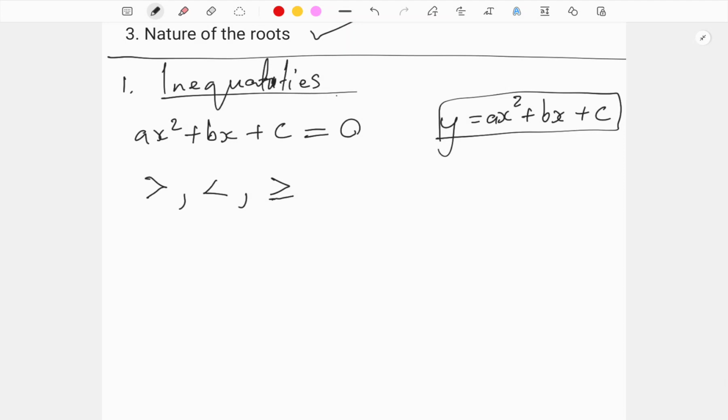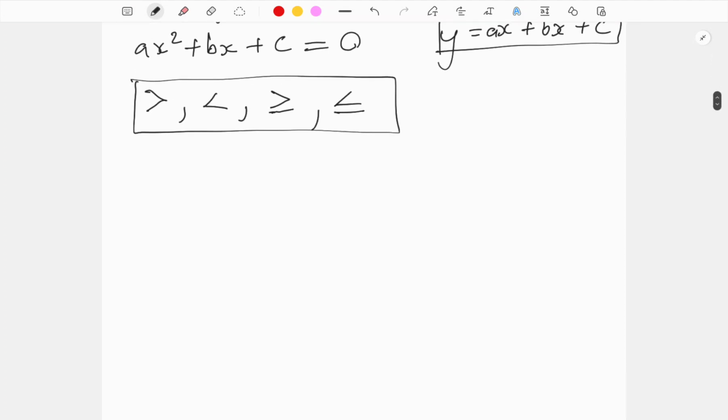When it's facing the right-hand side, it is greater than or equal to. When it's facing the left-hand side, it is less than or equal to. So these are the 4 basic standard signs we're gonna focus on when dealing with these inequalities.